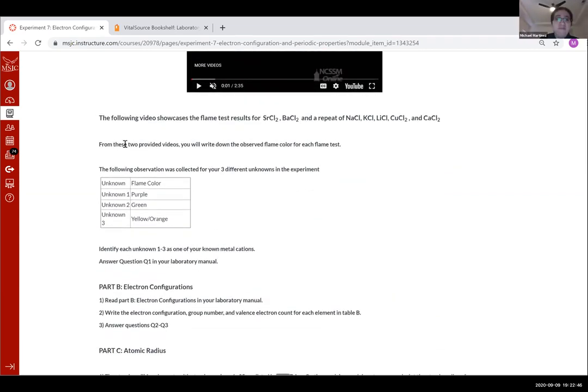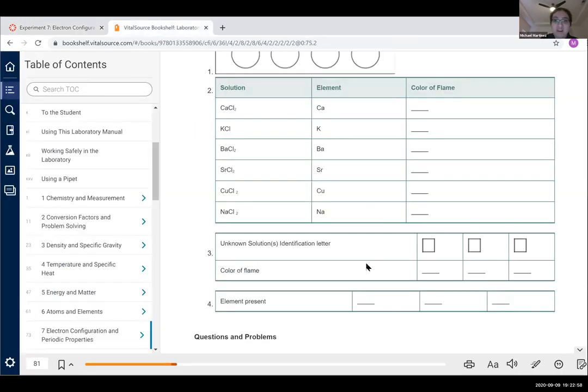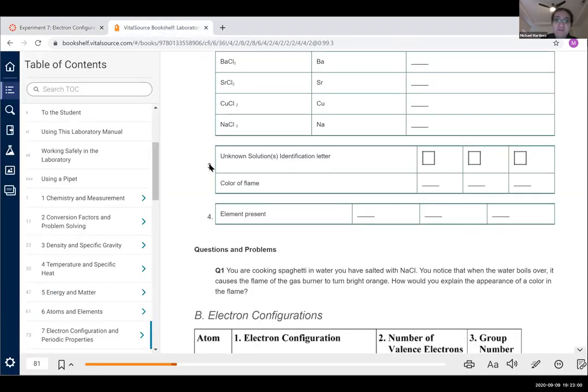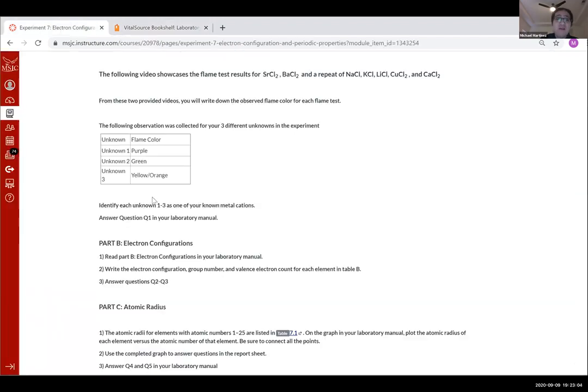So once you have the data from each of the 2 provided videos, you're then going to look at these 3 unknowns, where I've provided you a table for unknown 1, 2, and 3. You're going to fill that in for part A3. You're going to record from my tables the color of the flame.